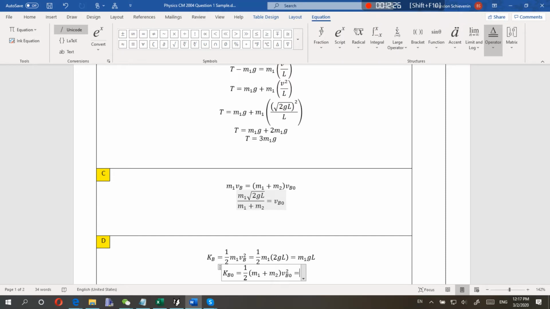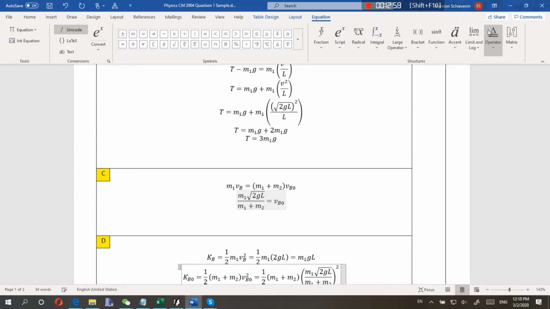So if we square it, one M1 plus M2 will be cancelled out. So one of them will cancel.